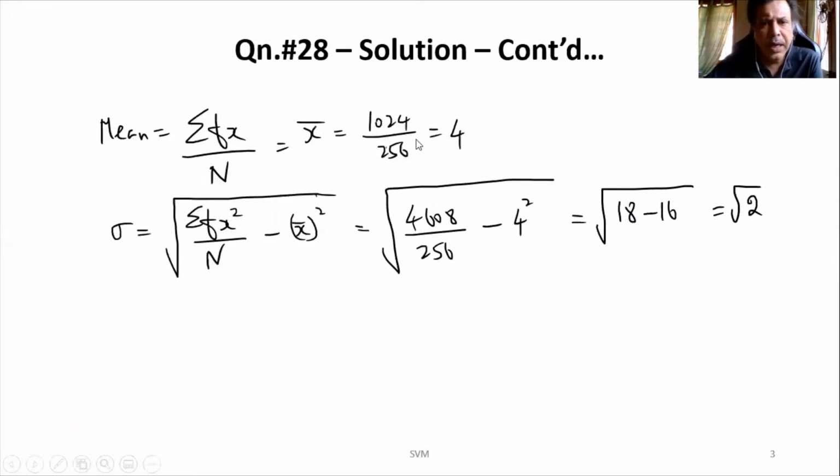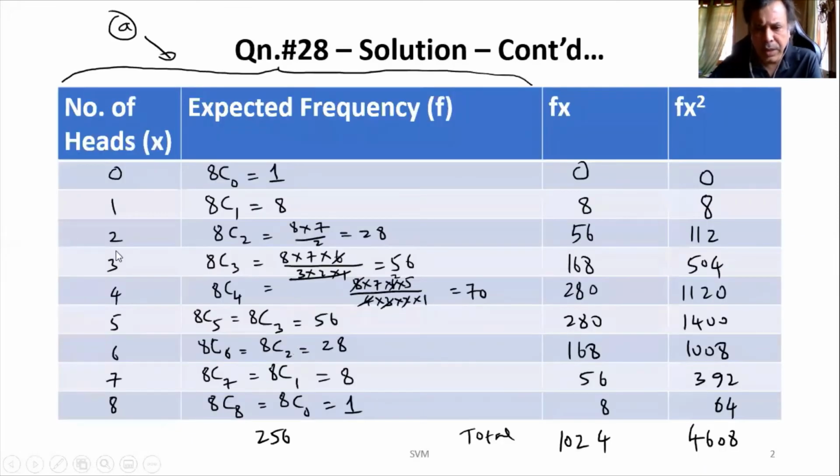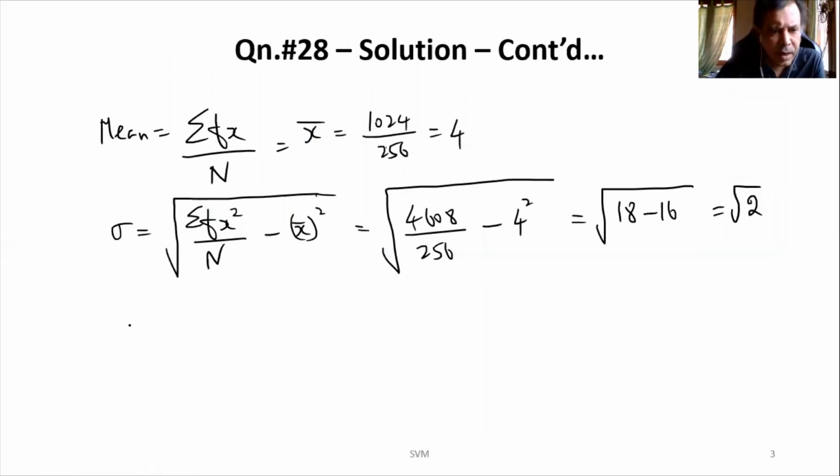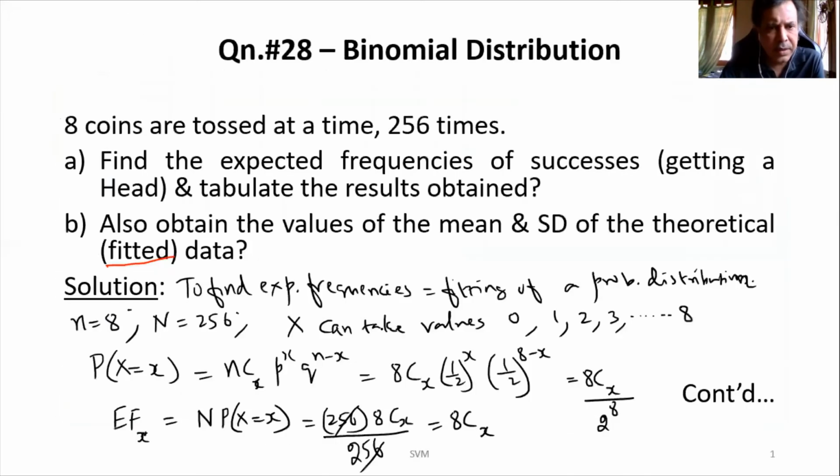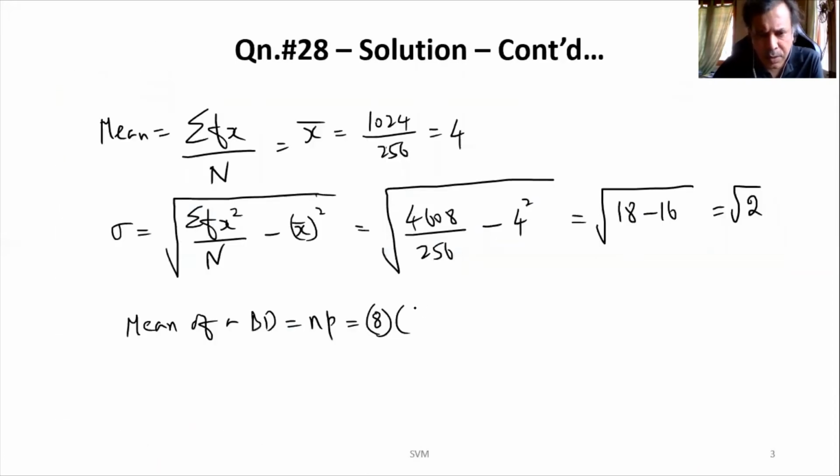You may wonder how I got a doubt about this calculation, when earlier I wrote something like 704 and then said something was wrong. How do I know that? Because the mean of a binomial distribution is n into p. Here we know n is 8 coins, and the probability of success is half.